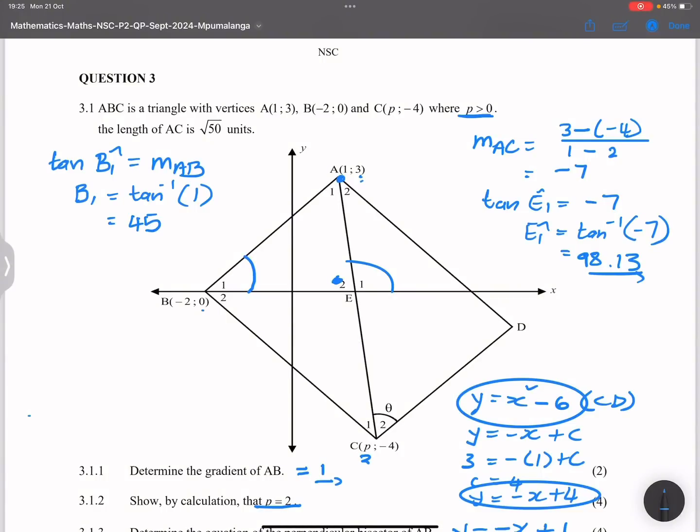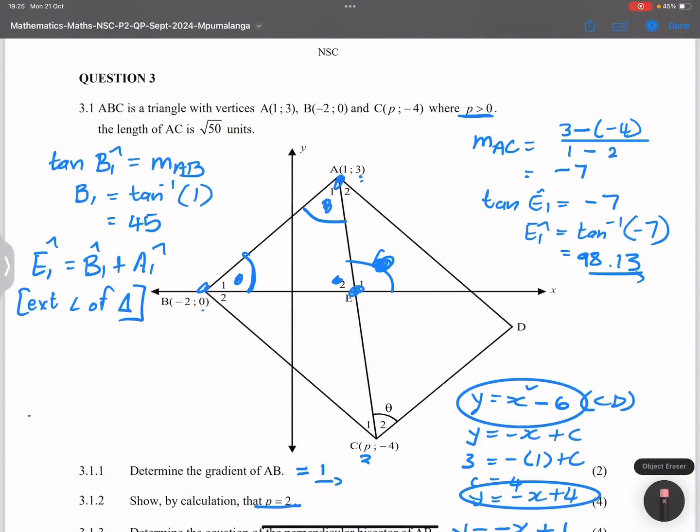Now to find the angle A1, E1 is equal to B1 plus A1. We say this is the exterior angle of a triangle, in that triangle ABE, right? So the exterior angle of a triangle is equal to the sum of the opposite interior angles.